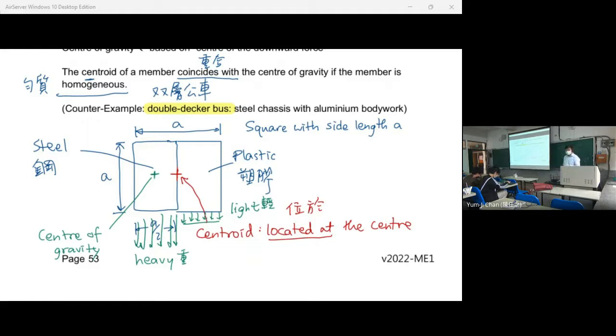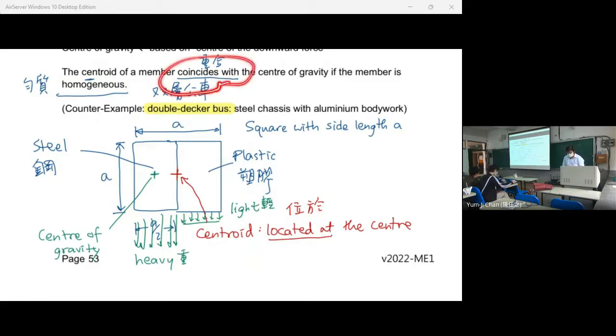So if the member is made up of a single material, which is homogeneous, then the centroid of a member coincides with the center of gravity. They are at the same point.